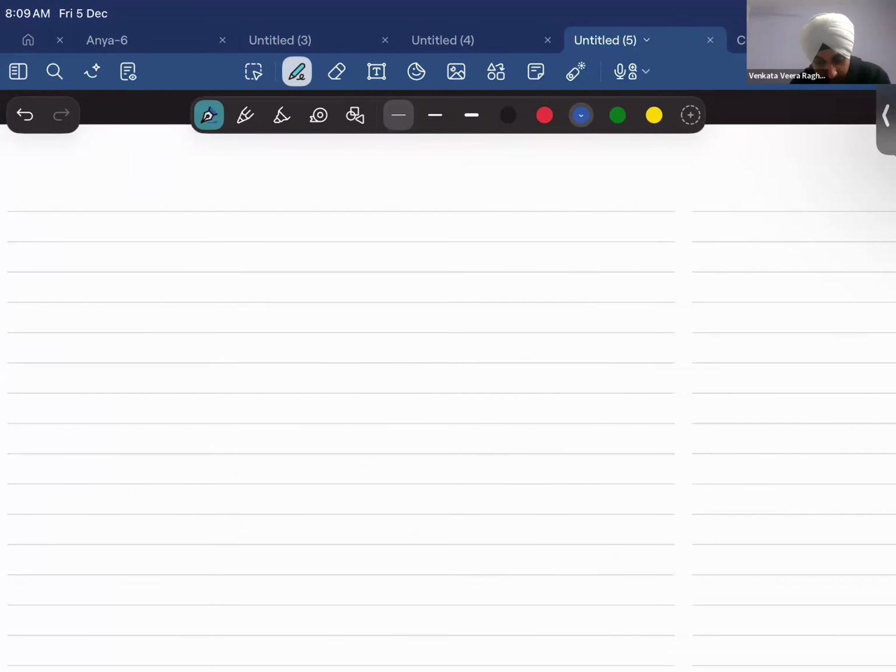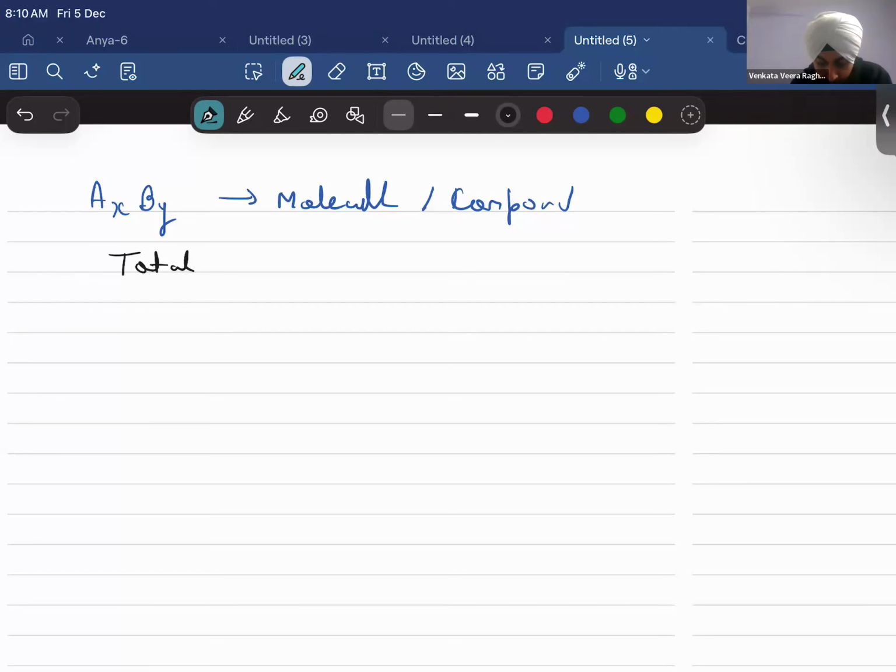Then comes another interesting thing to be answered. Let us say I have any chemical compound represented as AXBY. This is any molecule, any compound, I don't care what it is. If I ask you how many total number of atoms are there in this, assume I have taken many molecules of this.